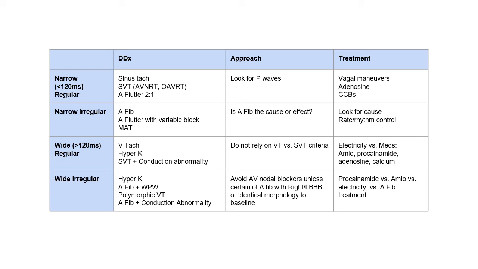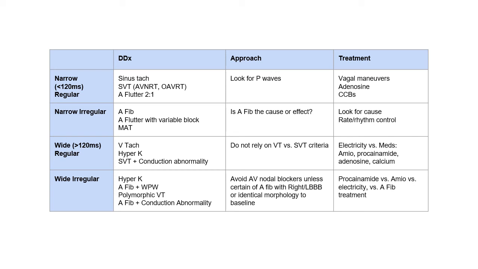Once we look for the cause, then we can look at rate or rhythm control. There is not really any difference between rate or rhythm control, so whichever is your preference per institution. Though there are some scenarios where rhythm control may be a little bit better, and we'll talk about those.